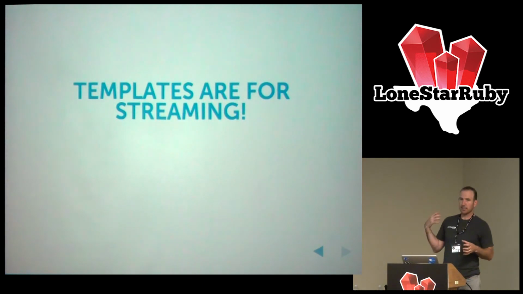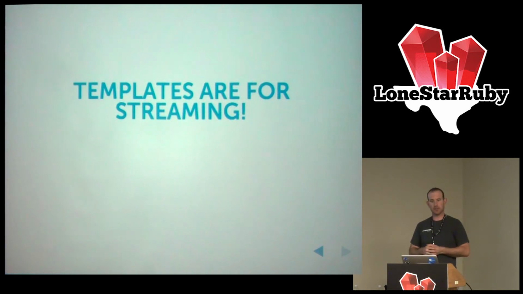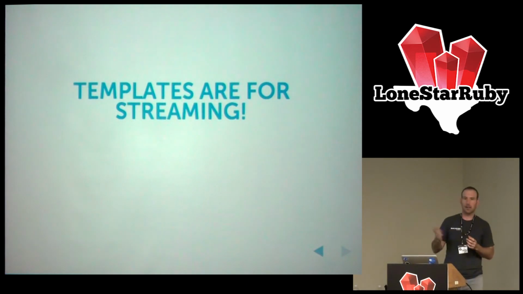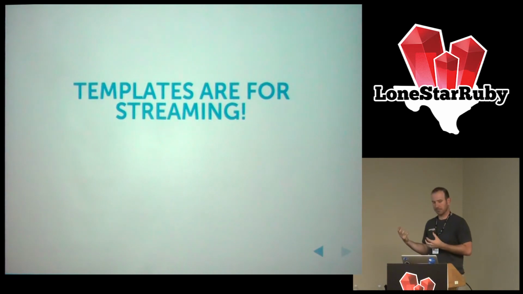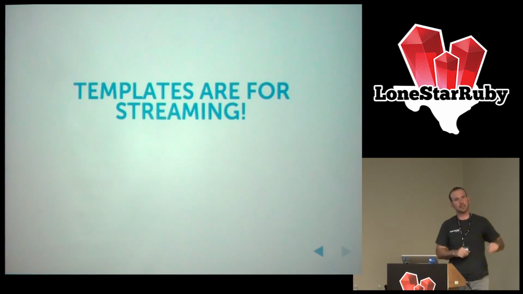The other thing with the RUM tool is we wanted to make sure from the very get-go that the templates were streaming. What that means is as the templates are incrementally evaluated, those bytes are actually finding their way all the way through the middleware stack out to standard out. So as you're evaluating the template, it's actually going to standard out.